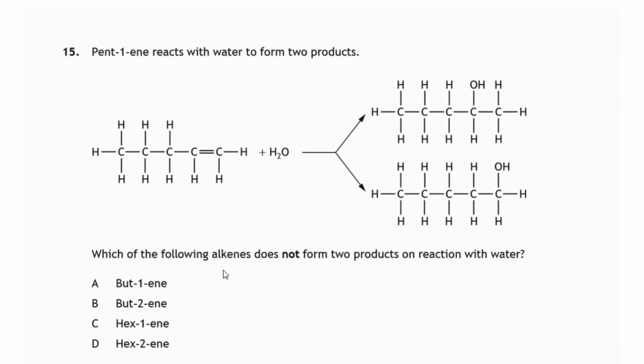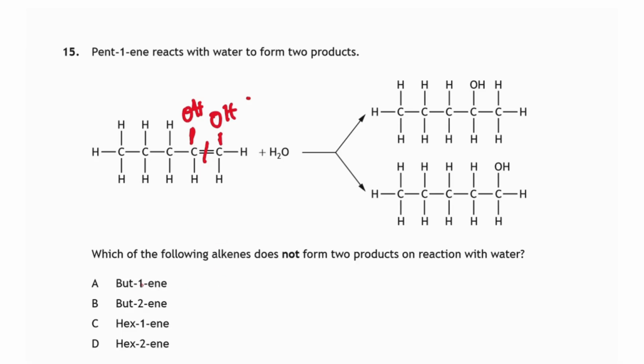And then question 15 says pentene reacts with water to form two products. Generally all pentenes do this. In this reaction, the water breaks the double bond, and an OH group is attached to each of the two carbon atoms where the double bond is.